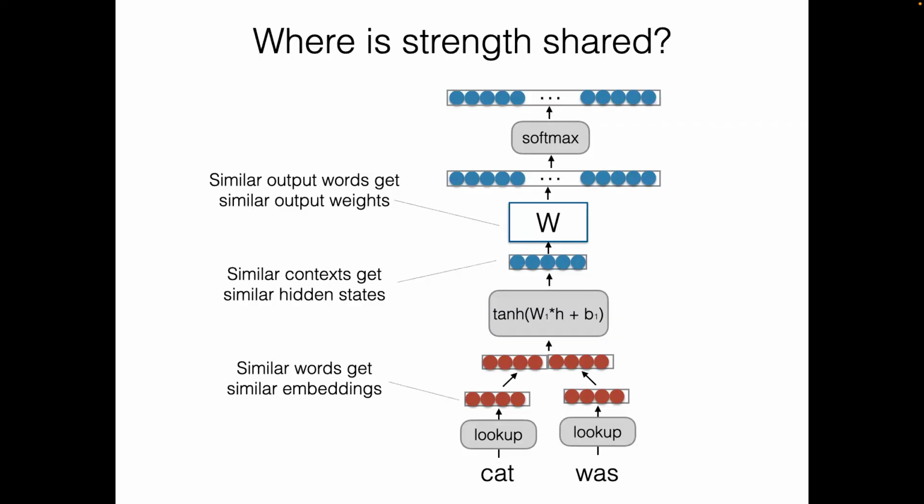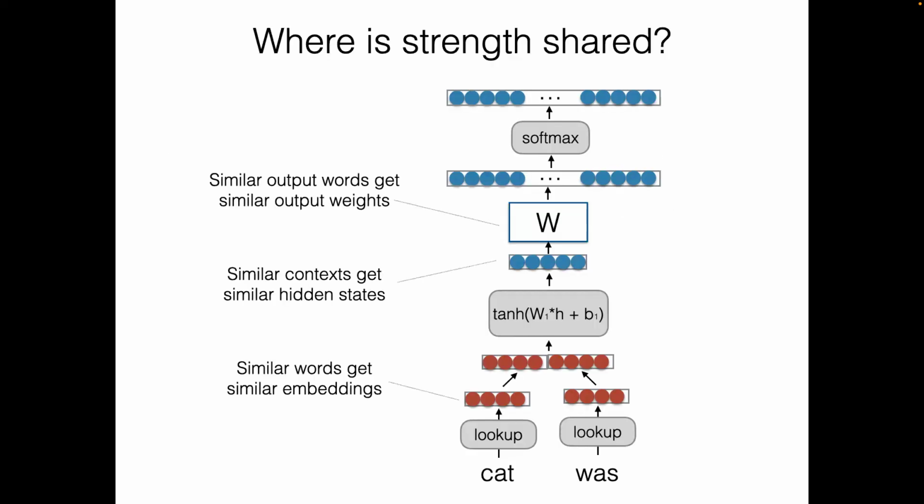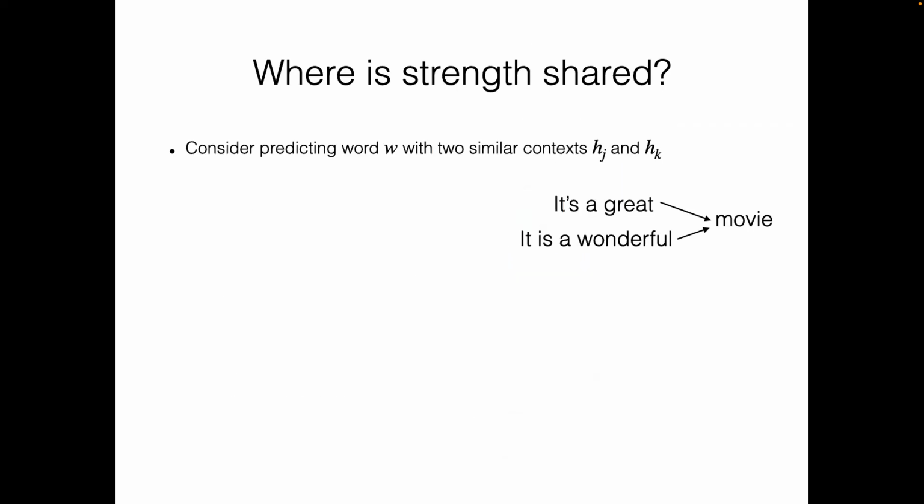That'll mean that similar output words can get similar output. You could also have similar output words get similar output weights, and that will impact the final next token distribution. So it's just one example of this. This one I think is in the reading for today.